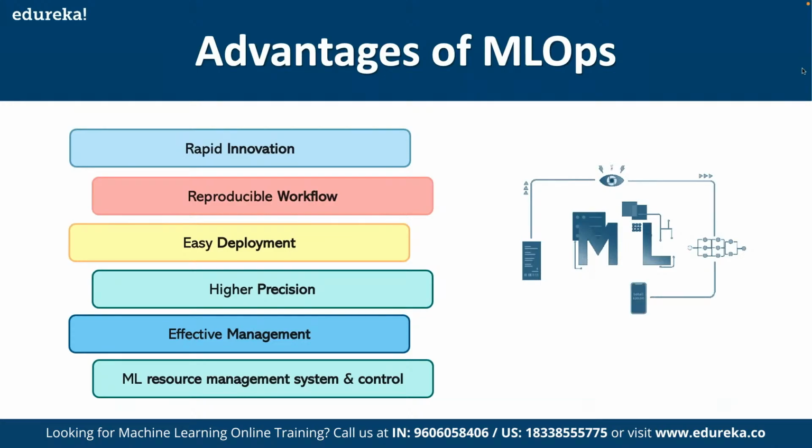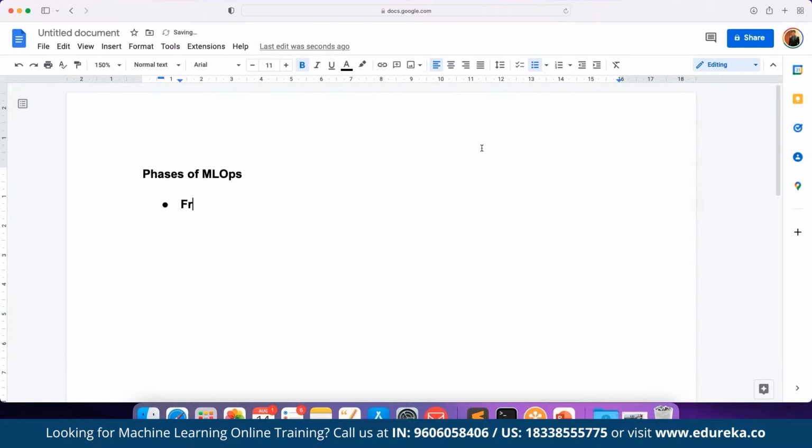So even in terms of the major phases of MLOps, we can list them down. The first phase is framing the ML problems from the business objectives. Then we have the process of architecting the ML and data solutions for the given problem statement.